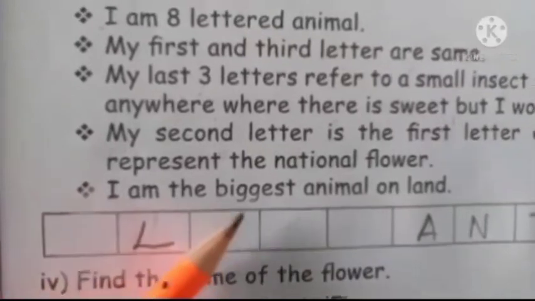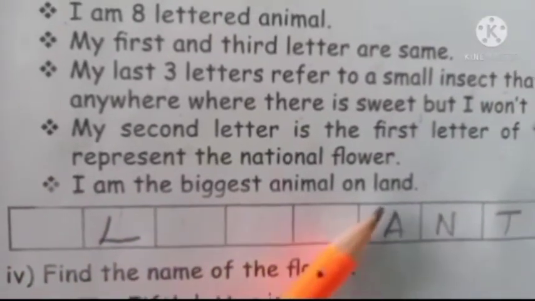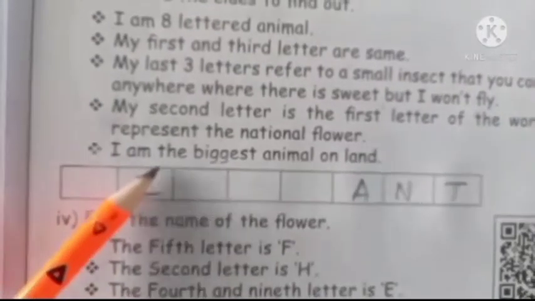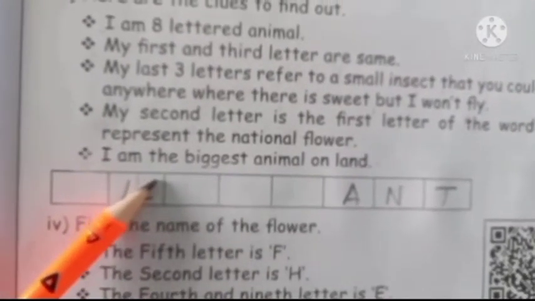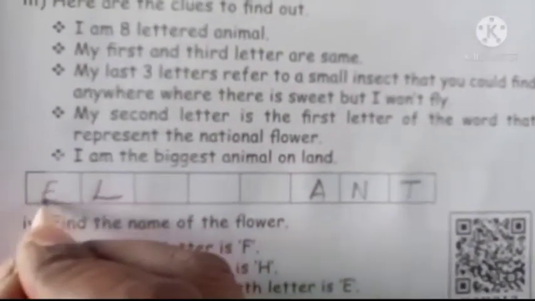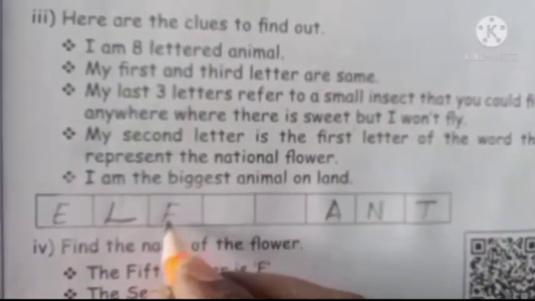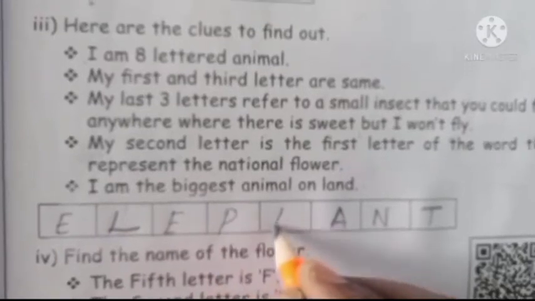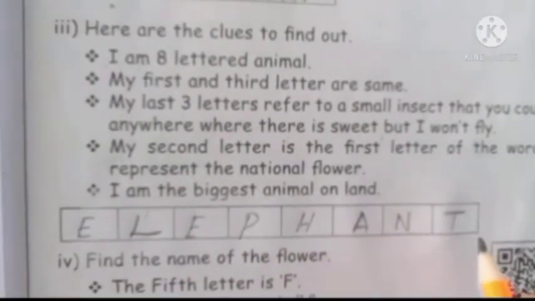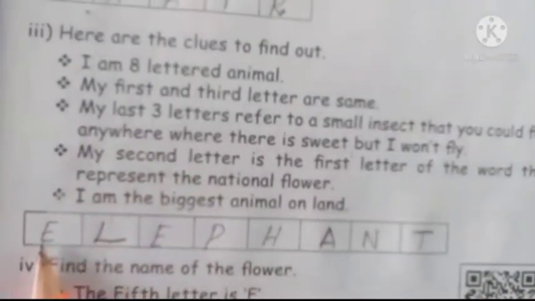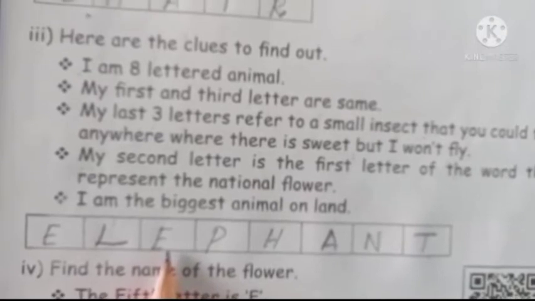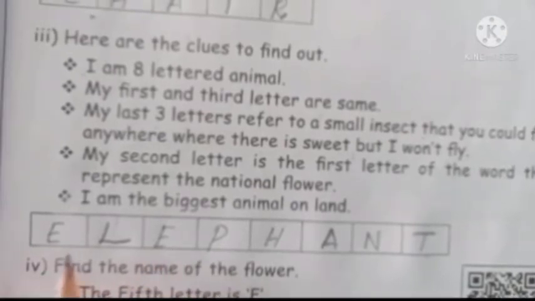I am the biggest animal on land. Children, the biggest animal on land is elephant. E-L-E-P-H-A-N-T. Elephant. Here, first and third letter are same. So, the answer is elephant.